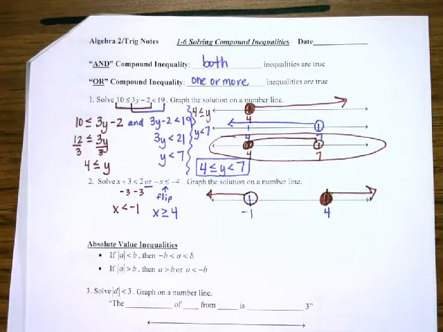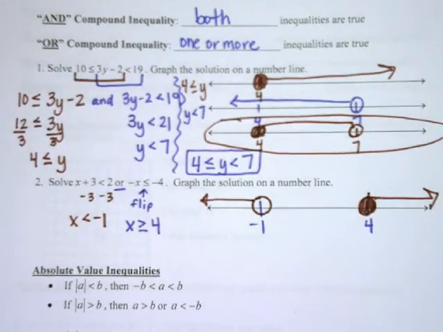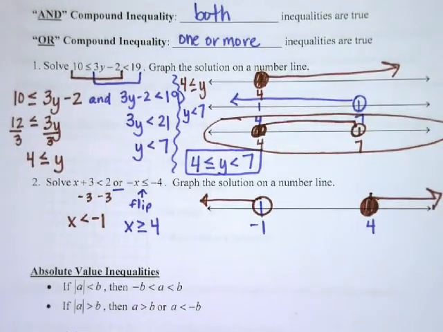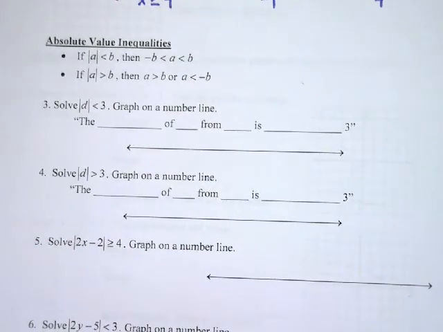Okay, so we've done inequalities. We've done compound inequalities. We've done absolute values. At the bottom of your paper there, we're going to squish them together. We have absolute value inequalities. Let me see if I can zoom back in. Remember, an absolute value means its distance away from 0.